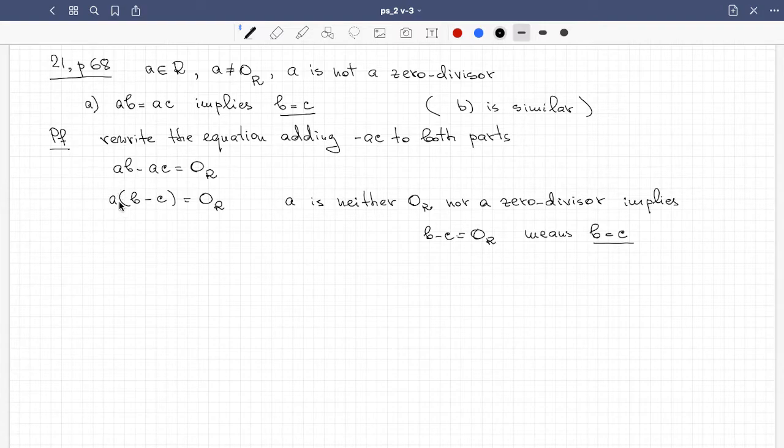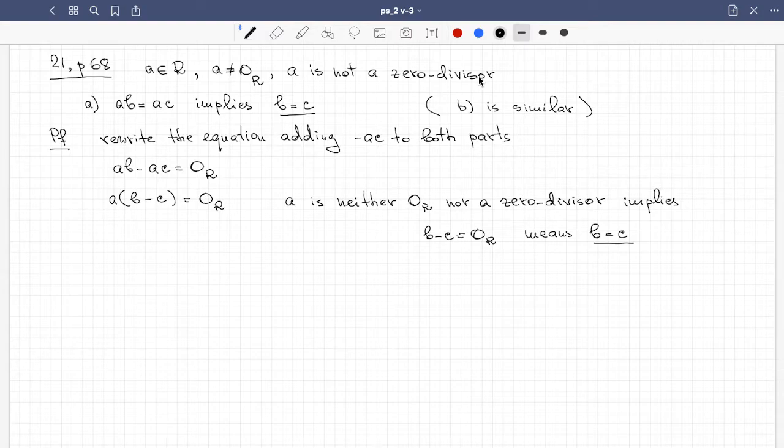If A was a zero divisor, we would not be able to deduce from the zero product that one of the factors was 0. It may happen that A and B minus C are both non-zero, while the product is 0. It does not happen simply because A is assumed to be not a zero divisor. That condition is crucial.